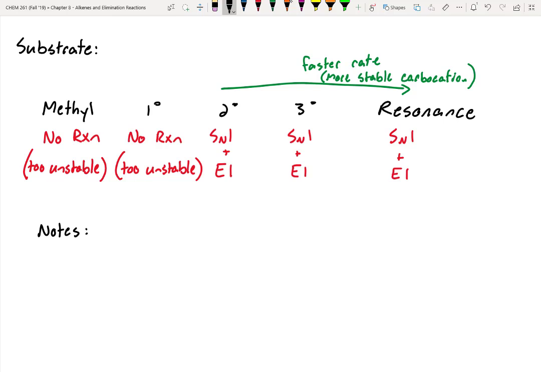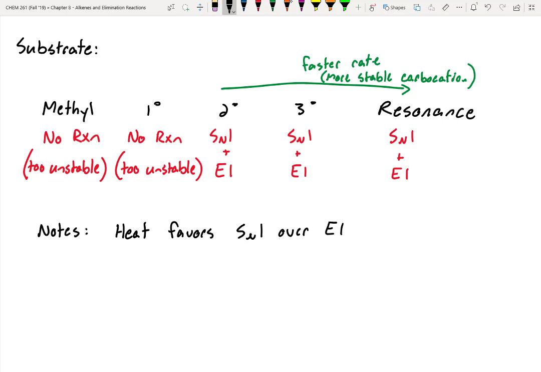How can we favor E1 over SN1? Heat. Why does heat favor E1 over SN1? Entropy, right? We saw it in an elimination reaction.